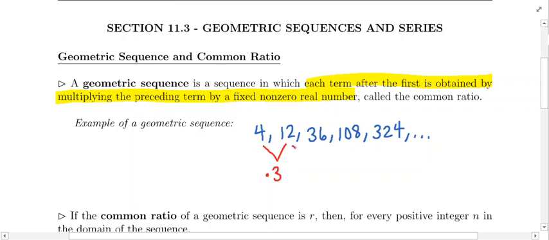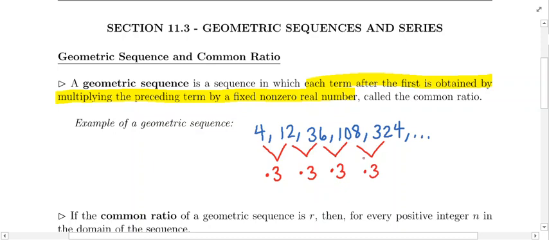To go from 12 to 36, we multiply by 3. Then to go from 36 to 108, we also multiply by 3. And then guess what? To go from 108 to 324, we multiply by 3.